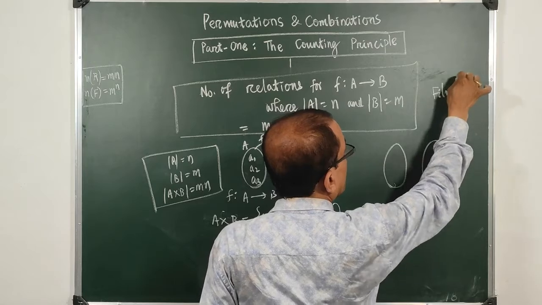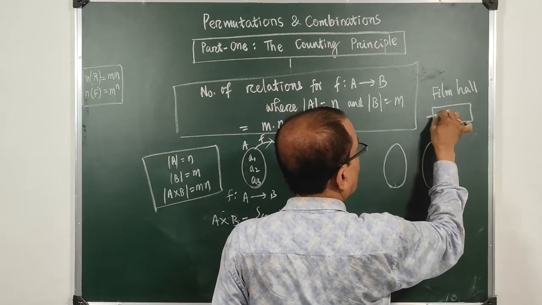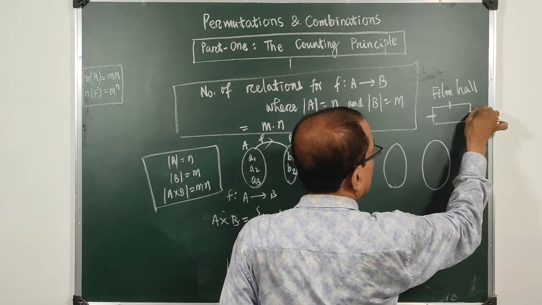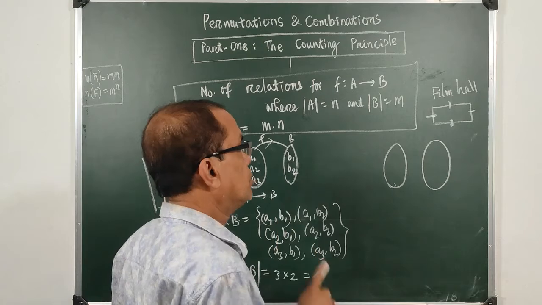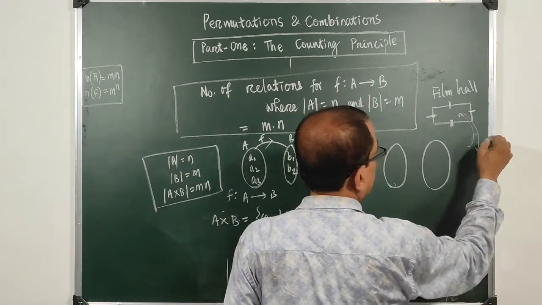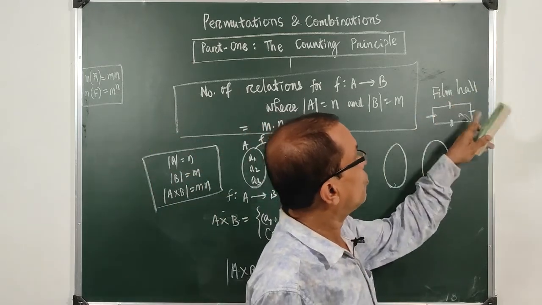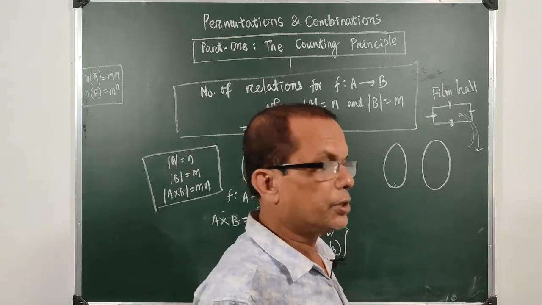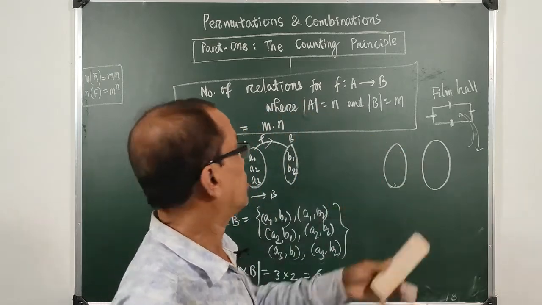A film hall has 4 doors in each direction, and there is a person who is to enter it and again exit. In how many ways can a person enter a film hall with 4 doors and exit? That problem is a function problem, and it can also be a relation problem.